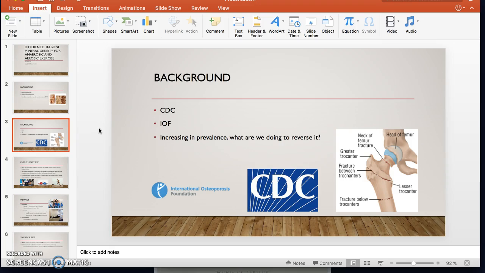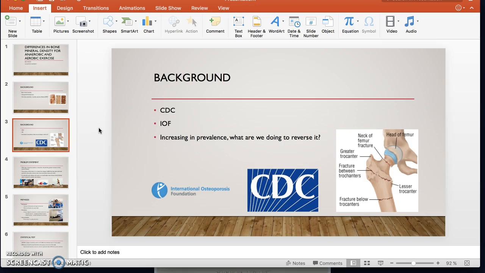Another statistic from the International Osteoporosis Foundation was that nearly 75% of all hip fractures occur in women. That's a very interesting statistic, and it makes you even more concerned for the elderly females out there who are breaking hips and other bones.